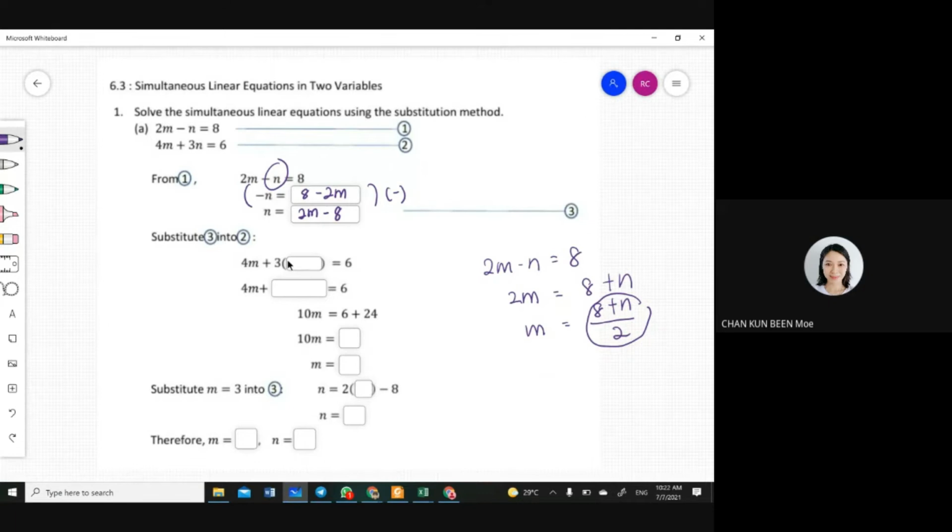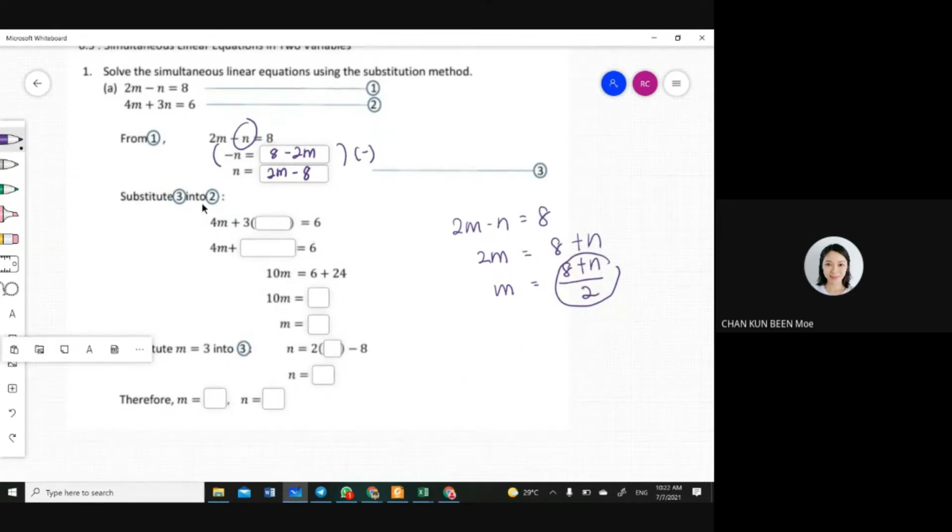Now, substitute 3 into 2. This one is the third equation, n equals 2m minus 8. Substitute it into the second equation. So we substitute this n into the n here. 4m plus 3n equal to 6: copy down everything except the n, which you replace with 2m minus 8. I found some of you have problems multiplying this.